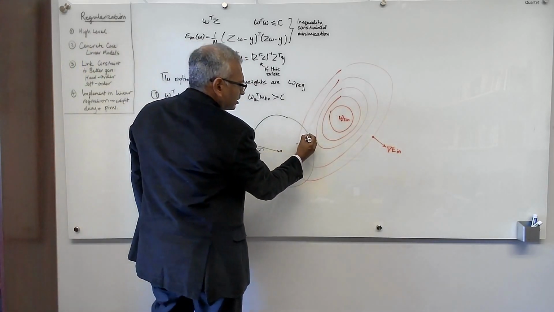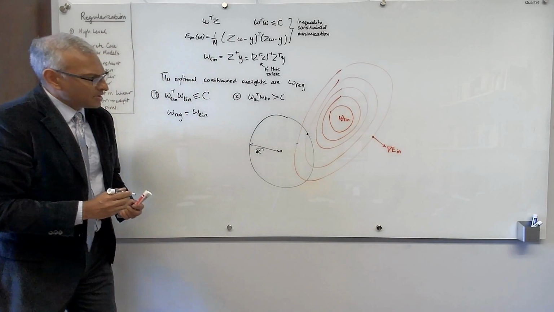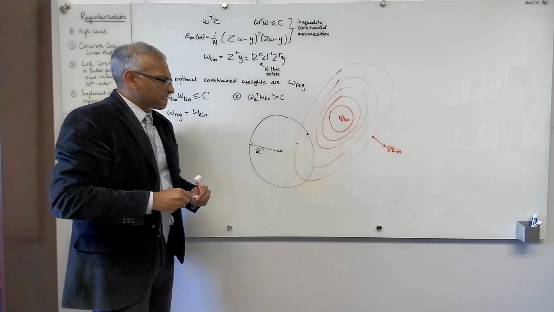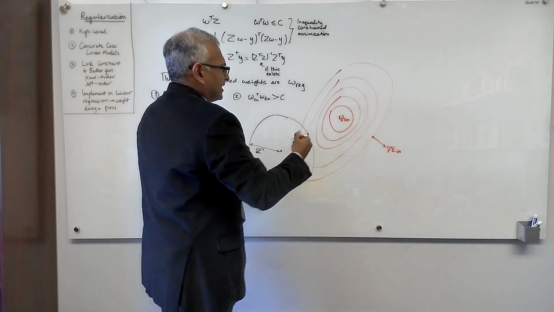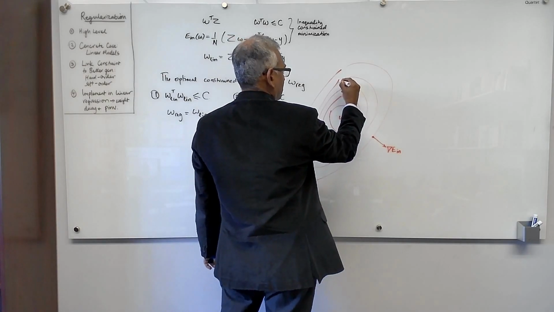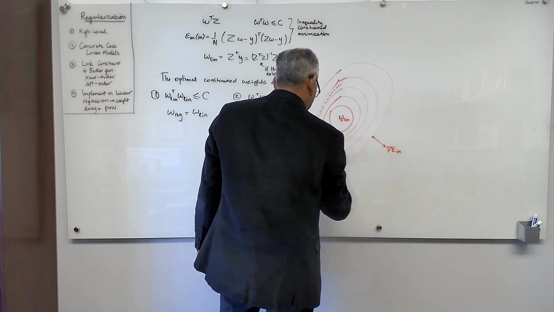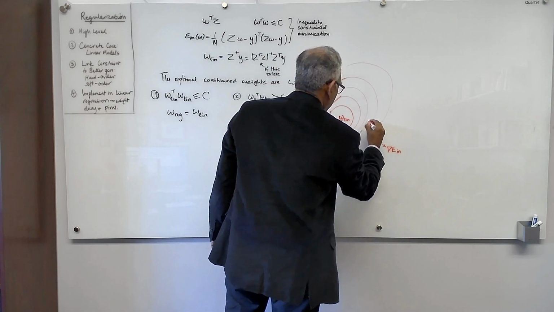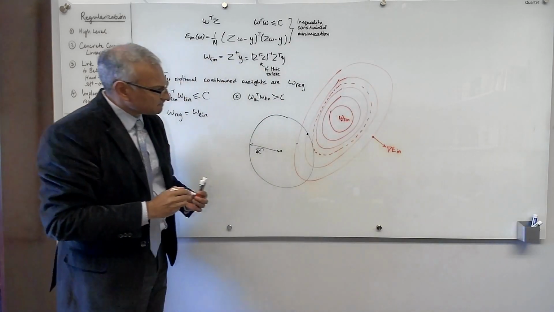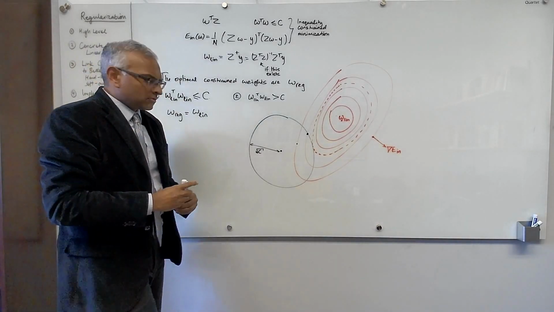So here's a potential solution. Now look at this solution. And I'm going to draw another contour, a special contour in the middle here. So, first observation.